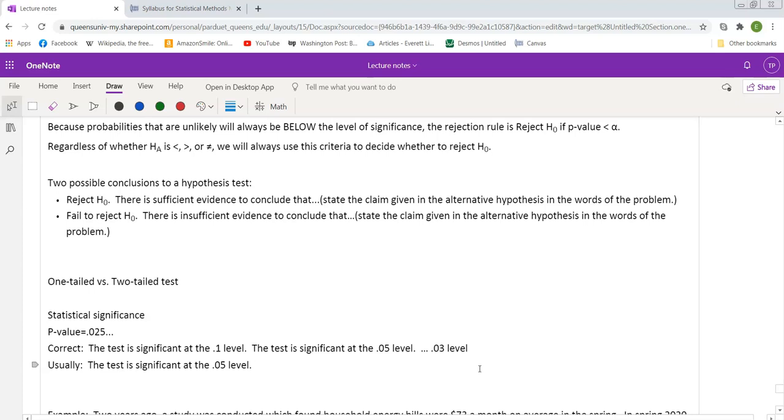What they'll usually do is state that as the smallest common level of significance. So among 0.1, 0.05, 0.01, 0.001. So usually that's how that'll be phrased.